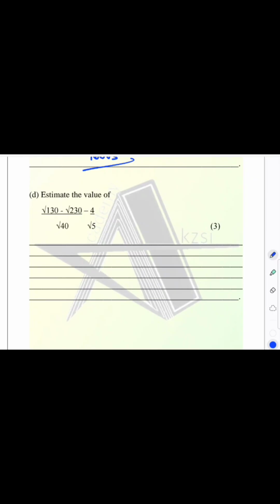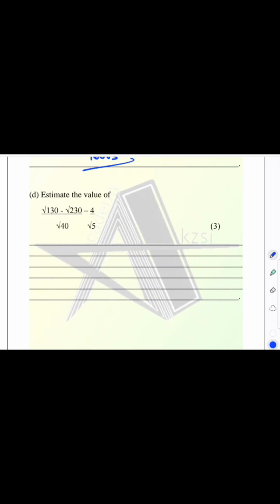Generally these types of questions are found in the non-calculator paper, but even in the calculator paper, if they are asking you to simplify or rationalize, they are not expecting you to put the values in the calculator and give the answer. But if they say estimate the value of, or find the value of, that means you just have to put the values in the calculator and see what the answer is.